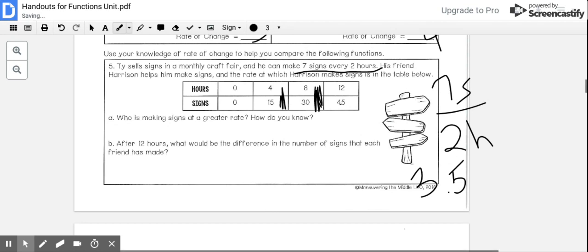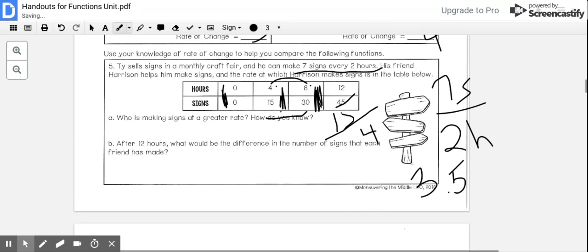And for the chart, since it is 0, 0 here, you know that means it's proportional. So that means every time we do 15 divided by 4, or 30 divided by 8, or 45 divided by 12, it should be the same. But to be safe, you could just do y minus y over x minus x. So 30 minus 15 is 15. And then 8 minus 4 is 4.